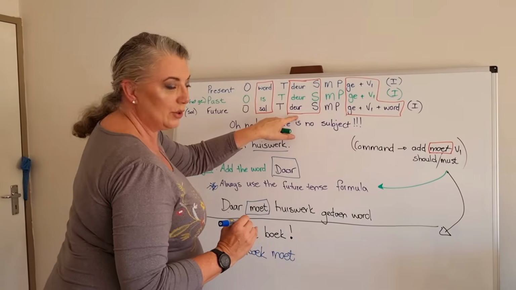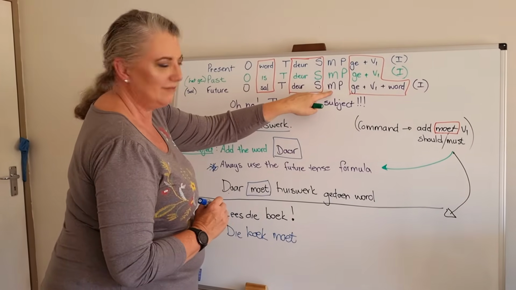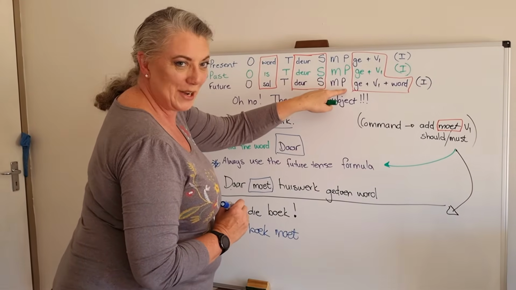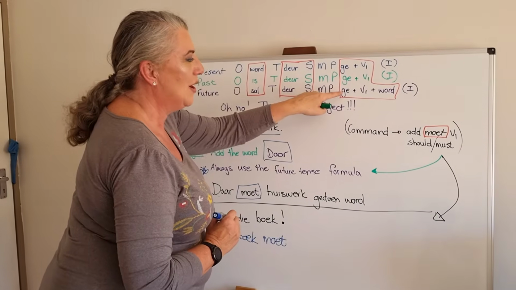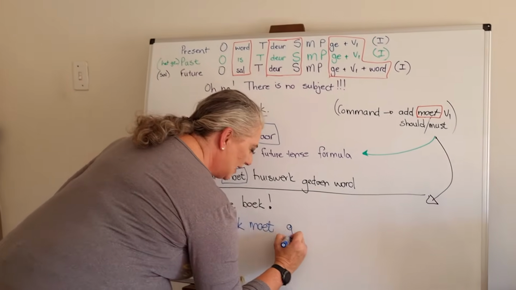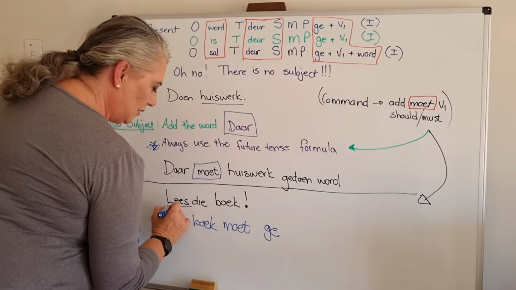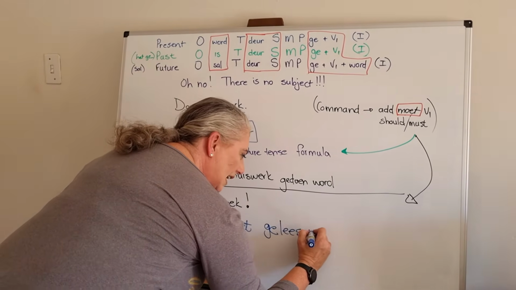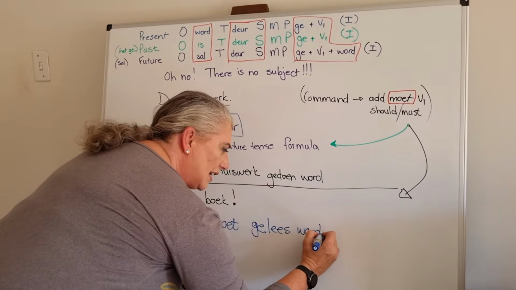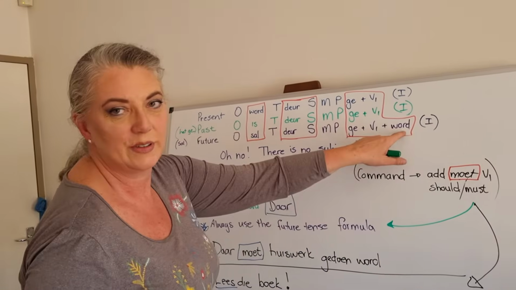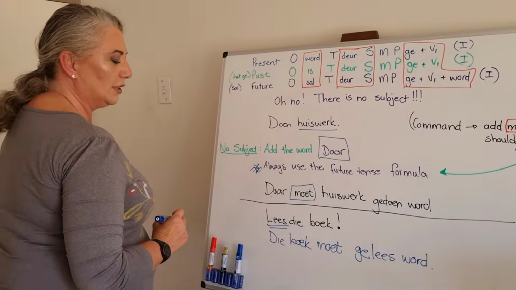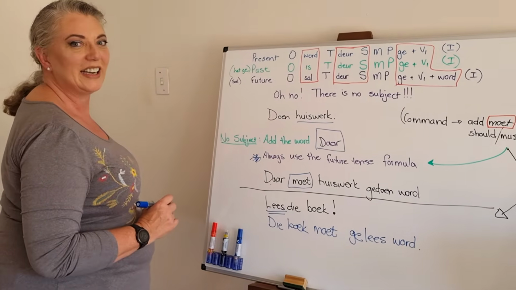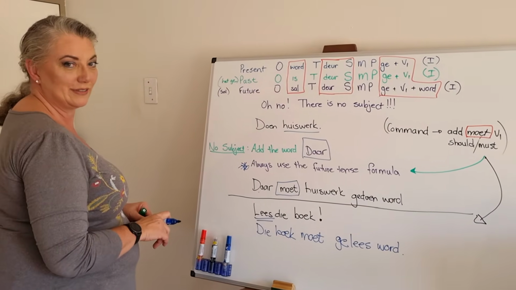Is there a subject? No. Is there a manner? No. Is there a place? No. What comes next? Ge. What is my verb? Lees. And then obviously we have to add word. Gelees word. Die boek moet gelees word.